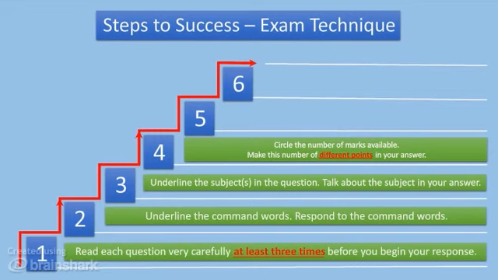So for example, if there are 3 marks available for the question, the examiners will be looking for 3 different points within your answer, rather than 1 point which you've written about a lot for, let's say, a paragraph. They'd rather be looking for a point, 1 or 2 lines, another point, 1 or 2 lines, and a third different point, 1 or 2 lines.